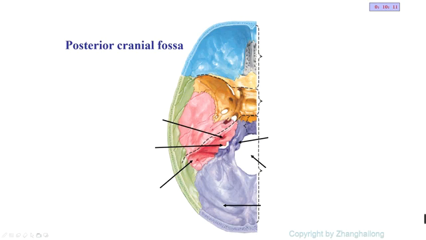Okay, now let's see the posterior cranial fossa, which is the biggest fossa. First one, the biggest foramen. This one is the foramen magnum, the biggest one, the max one. What structure is in it? Yes, the brain stem connected with the spinal cord.